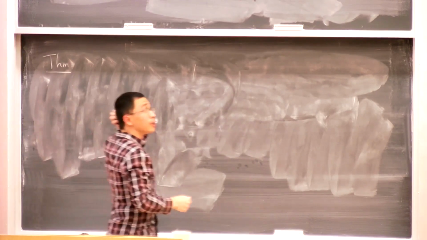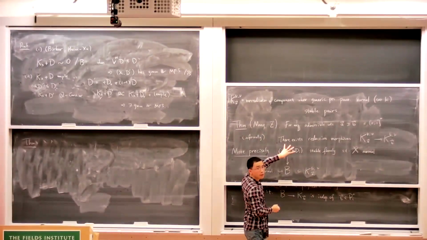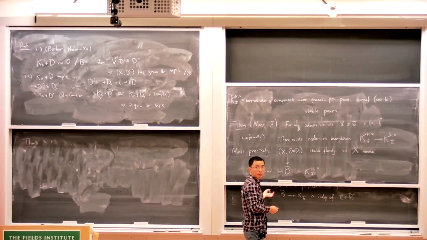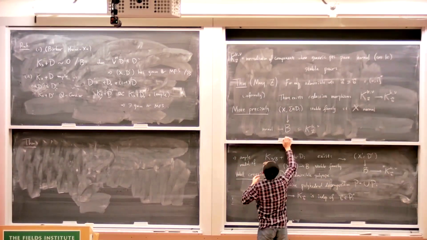The issue is that, of course, in general we can also run MMP over a family, but the problem with this stable family is that the base can be very bad. In particular, if you look at the total space here, it's not necessarily log canonical, even though the fibers are.